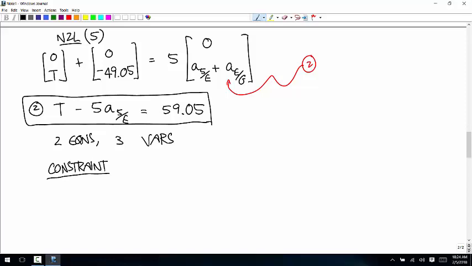So what's the relationship there? Is it in the ground frame that makes sense, or in the elevator frame? Elevator, yep. So we have A10 is equal to negative A5. And so our third equation says A5 plus A10 is equal to 0.